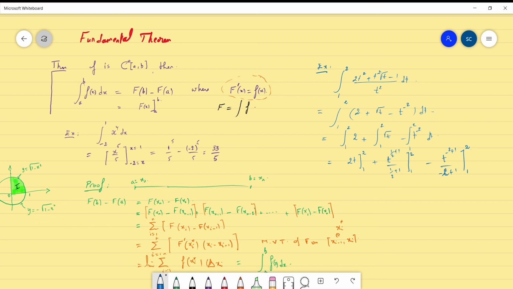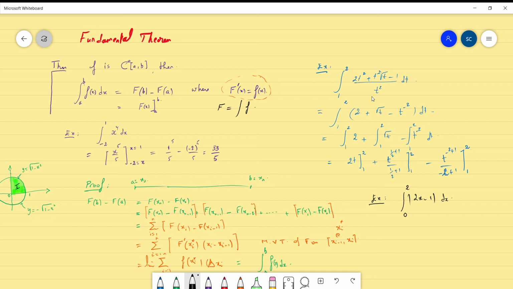Another situation, for example, involves an absolute value. Let's do another example. What about the integral from 0 to 2 of the absolute value of 2x minus 1 dx? So this time I need to work on my function.